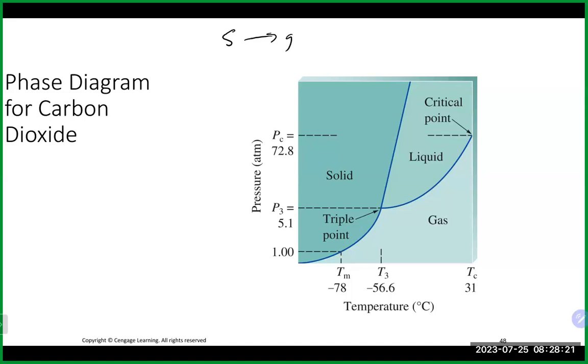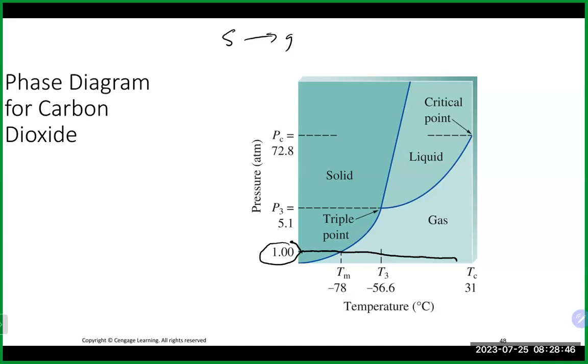Normal pressure is around 1 atmosphere, right about there, which means under normal pressure and temperature, around 25 degrees, I went pretty much straight across. I did not hit liquid at all, so I crossed over from solid directly into gas, which is why dry ice does that.